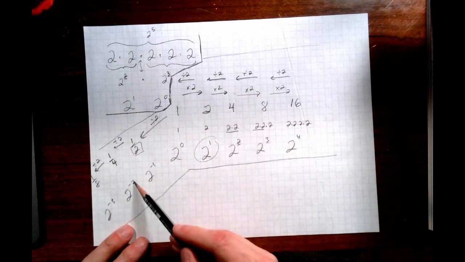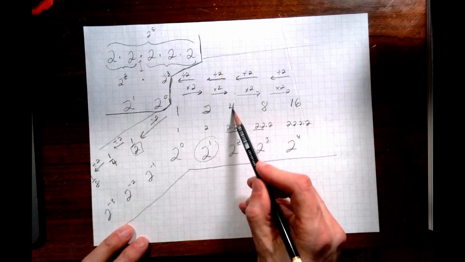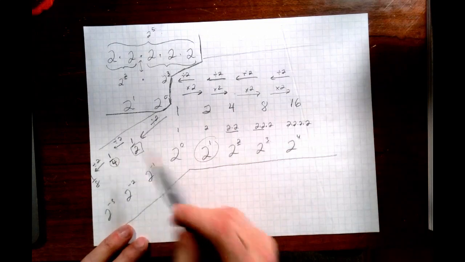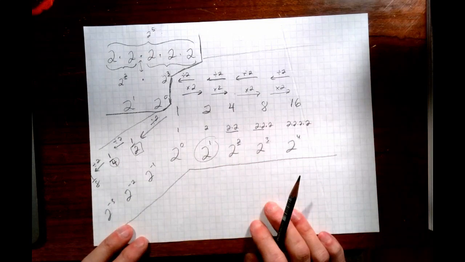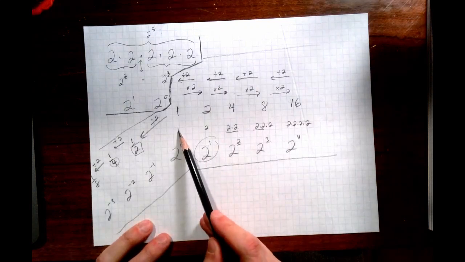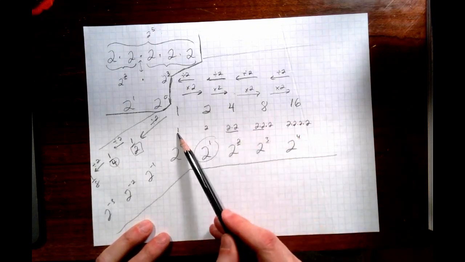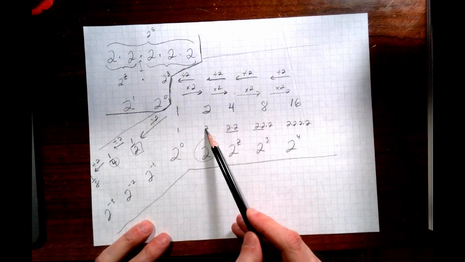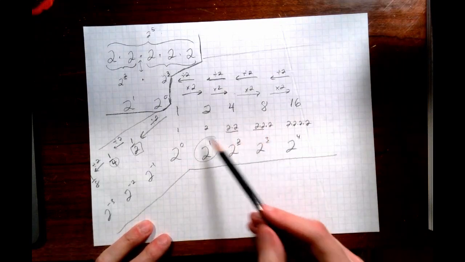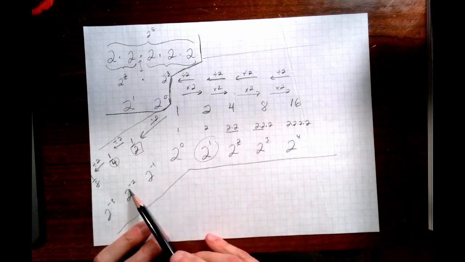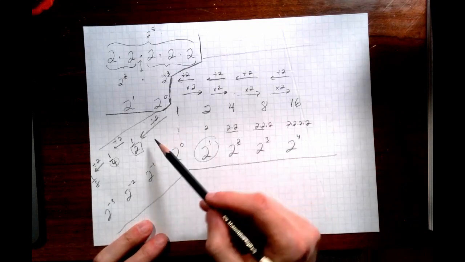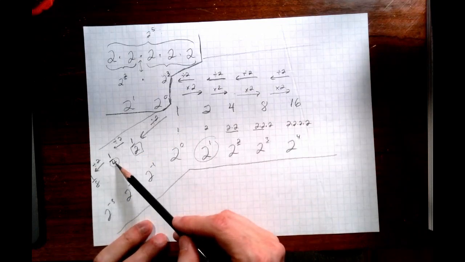And if we have 2 to the negative 2, we have 2 to the 2, but it's in the denominator. And why is that happening? It's because when we go in this direction from 1, we're multiplying 1 times 2 again, times 2 again. And when we go in this direction towards the negatives, we're dividing by 2. Divide by 2 to get 1/2, divide by 2 to get 1/4.